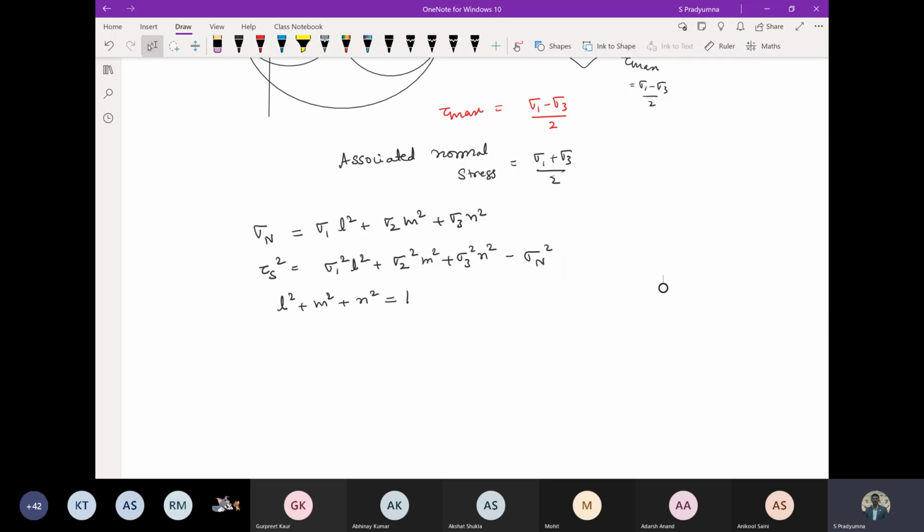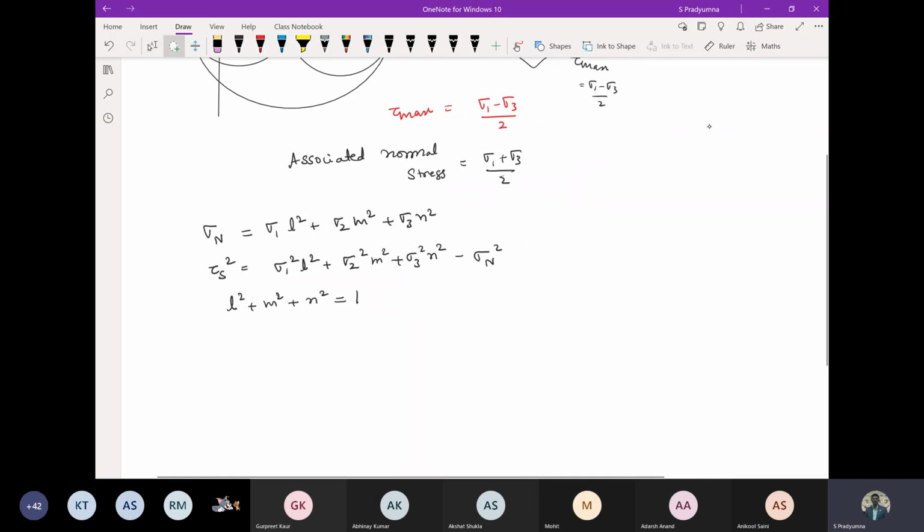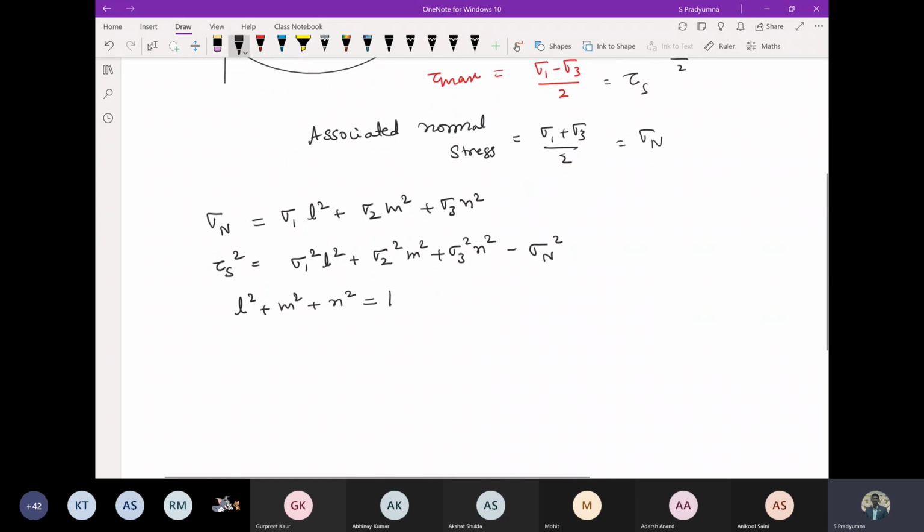Okay, so I'll use this and I substitute this value for sigma n and this value for tau s, because this corresponds to one particular plane. Therefore, I can use this to find out the orientation of this plane which has this maximum shear stress with respect to the principal directions.